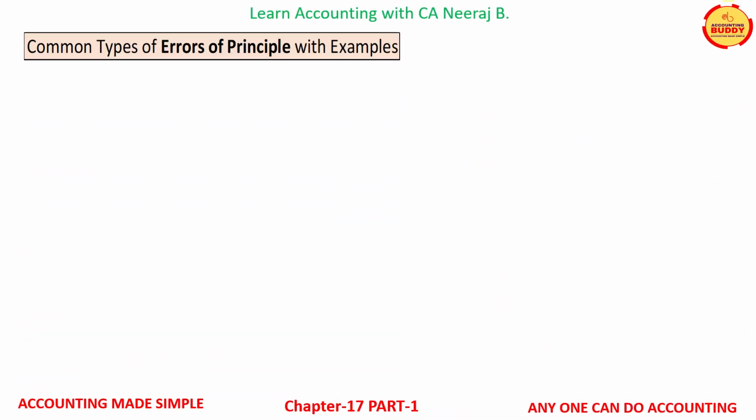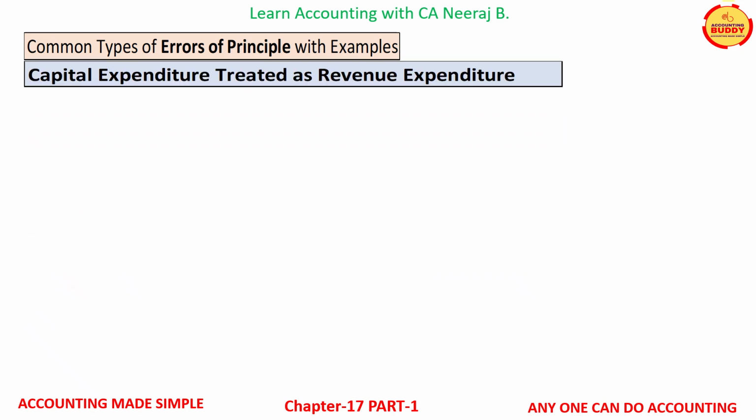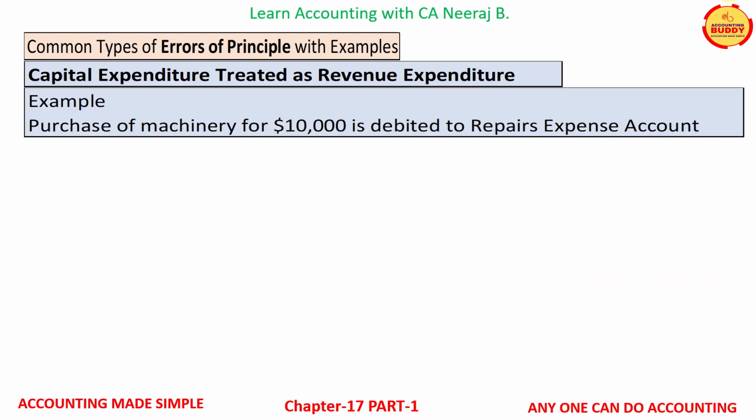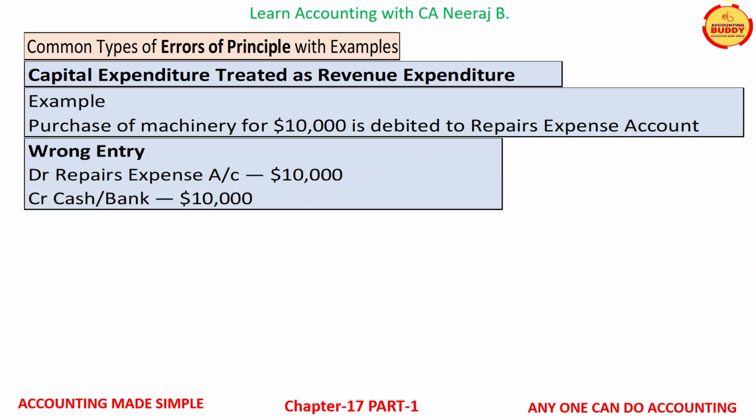In this slide, let us understand some common types of errors of principle with examples. One of such errors is when capital expenditure is treated as revenue expenditure. For example, purchase of machinery for $10,000 is debited to repair expense account. Therefore, the wrong entry passed is debit repair expense account by $10,000 and credit cash or bank account by $10,000.